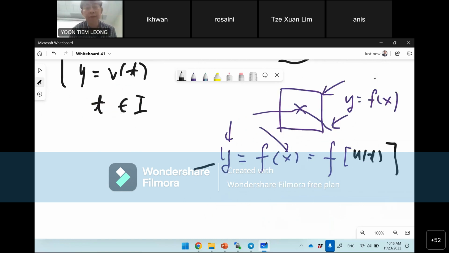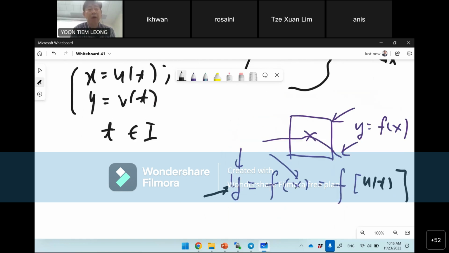You can also view the coordinate of y in terms of the function v. Since y is given by v(t) in terms of the parametric equations, I would then write y as f composed with u, and this is a function of t.